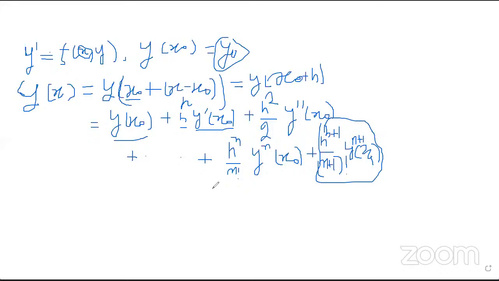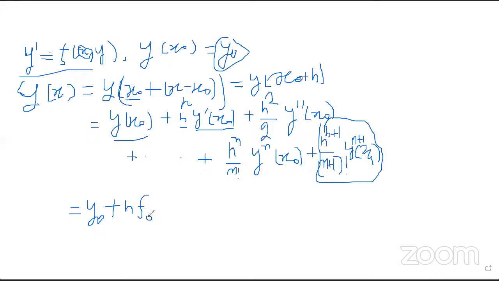Yes, sir. Well, from the differential equation we can find. Am I right? So if we look here, this is y naught plus h, h is also given, and y prime at x naught is f naught.